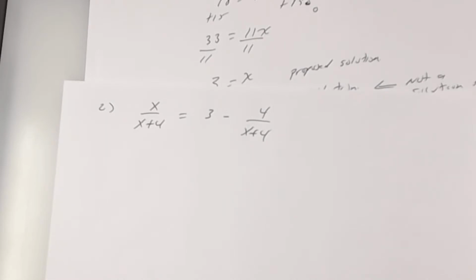What's step one when solving a rational equation? Factor. Can I factor anything that's in those denominators? No. You can't factor x plus 4. X plus 4 is x plus 4. So what's the LCD? We have to determine the restriction. X plus 4. But I could determine the LCD right now, though, if I wanted to, right? What's the LCD? X plus 4.